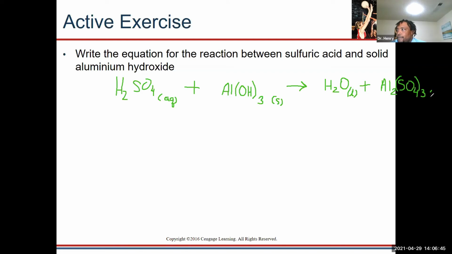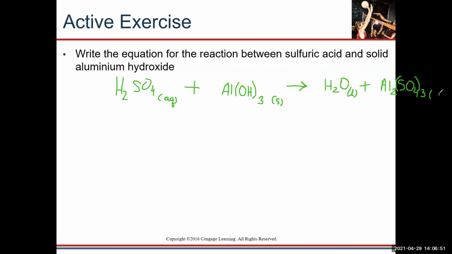Okay. Solid, liquid, gas, or aqueous? Solid. No, never mind then. Aqueous, AQ.